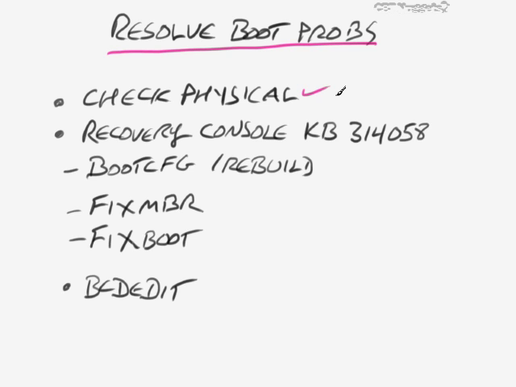Even experienced A+ technicians will tell you that on occasion they forget to check this and then go on some elaborate troubleshooting routine that takes an awful lot of time, only to find out that if they had just checked to see if something was properly plugged in in the first place, they could have avoided wasting a lot of time. So check the physical.